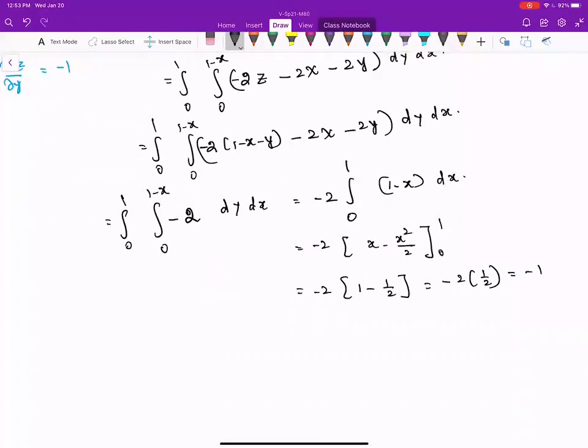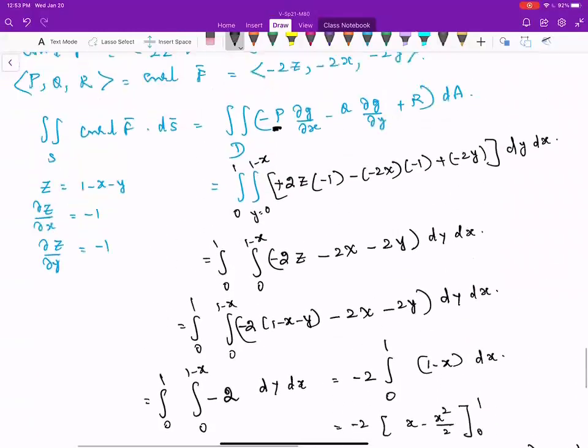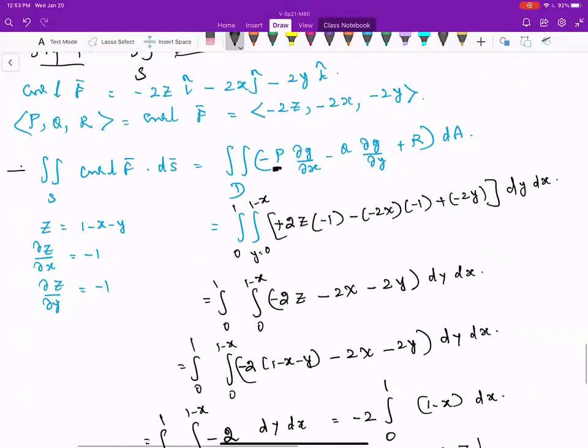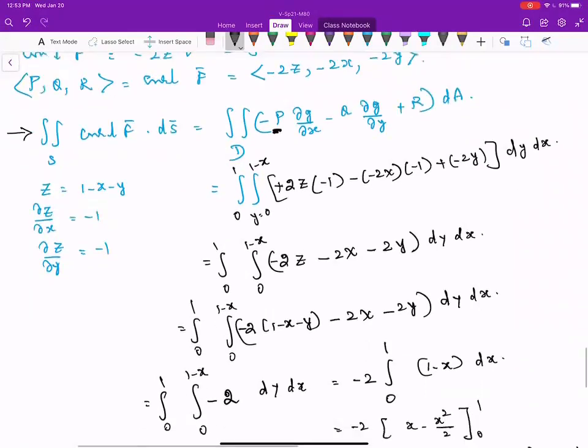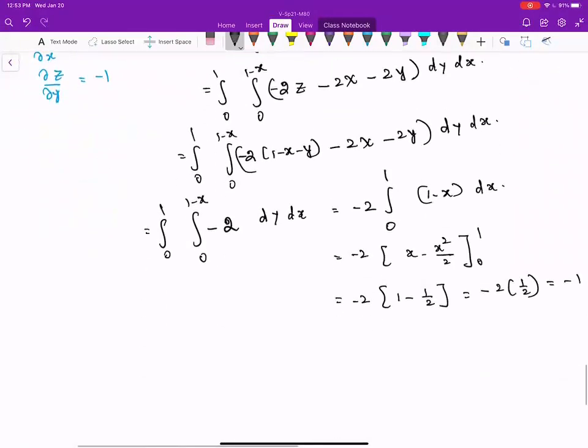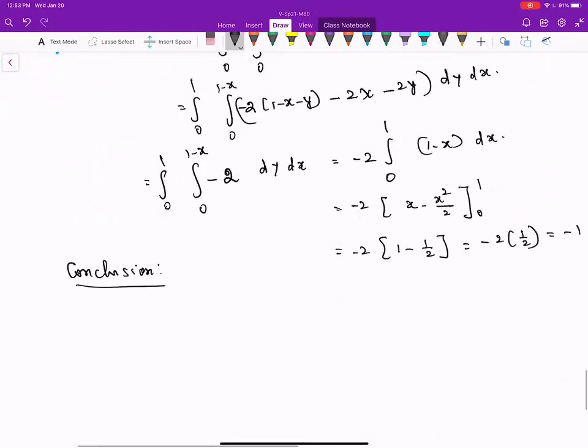So what we have shown in all of this, we actually took the right-hand side of Stokes' theorem, and we said double integral over S curl F dot dS equal to -1. Actually, what the problem is asking is the left-hand side of Stokes' theorem.